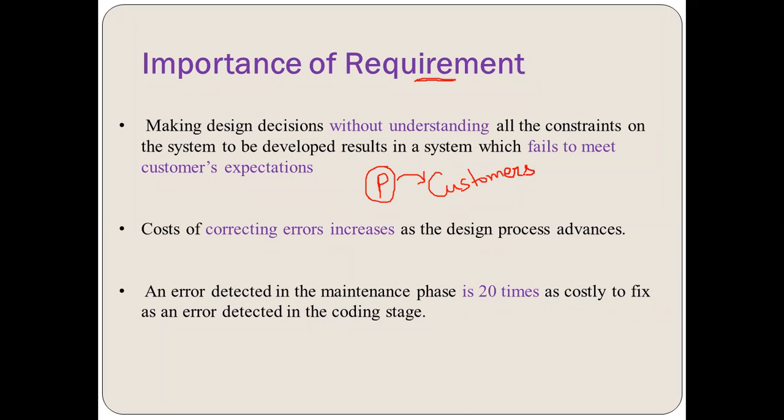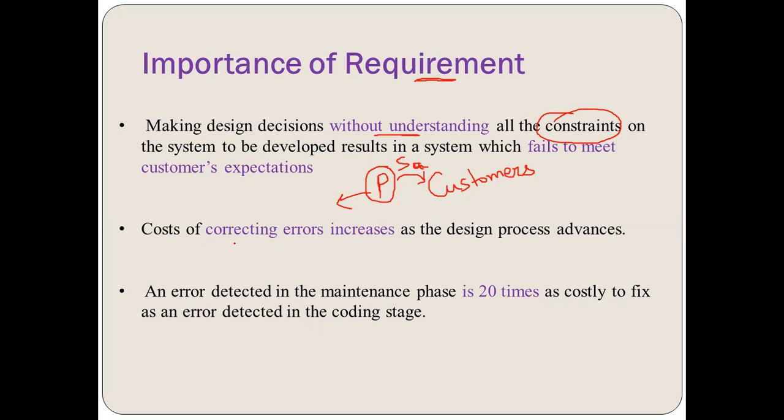So the success of a product is dependent on customer satisfaction, and customer satisfaction is dependent on the fulfilment of requirements by the product. The same way it works for software. So if we design and develop the software without understanding all the constraints and requirements, the software will fail to meet the customer's expectations, and it will lead to an unsuccessful software.